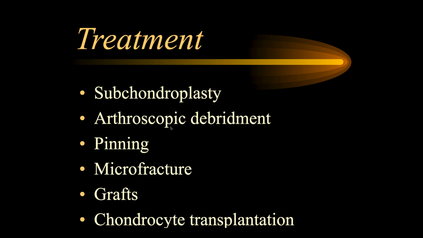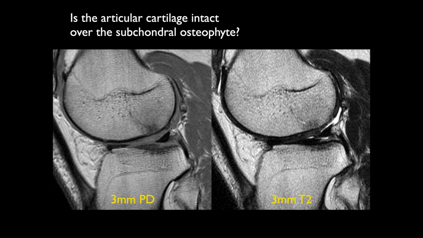So if we make the diagnosis of these things, what can you do about it? John? Yes, John. Can you go back on the last one? Is that on the tibia?